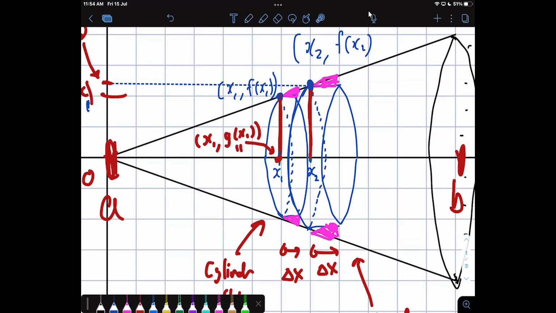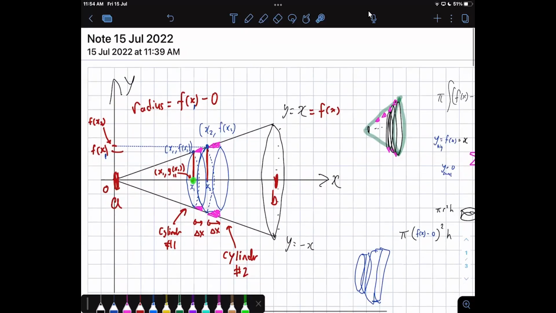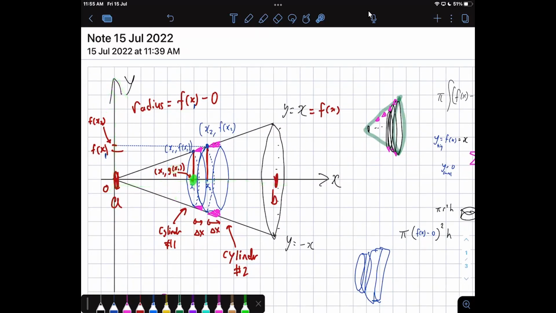So let's say this is 4. Then what's the y coordinate? 0. So in other words, this g of x is just 0.